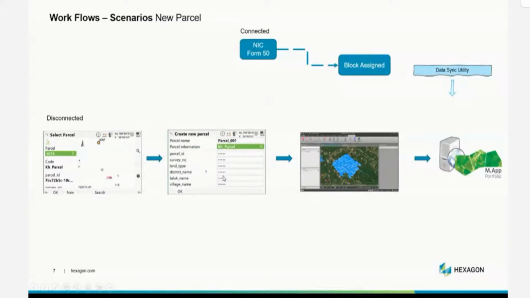Optionally, to reduce the time of survey, we are giving an option where you can search a block number. Based on the block number that you have selected, it will fill the values of district name and taluka, and the other information needs to be filled up, like survey number, land type. These things will not be there, so that is what you have to fill in, and then you push it back to the application, cross verify it here, and then you can push it back to the server, right?